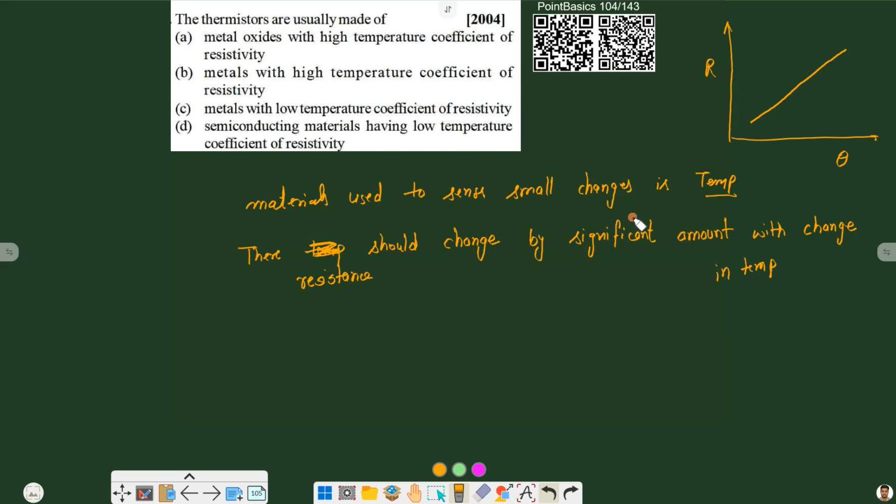So if the resistance is changing with temperature, it means their coefficient of resistivity or their alpha is quite high. Their temperature coefficient should be very high, and hence the option B, I think, metals with high temperature coefficient of resistivity.